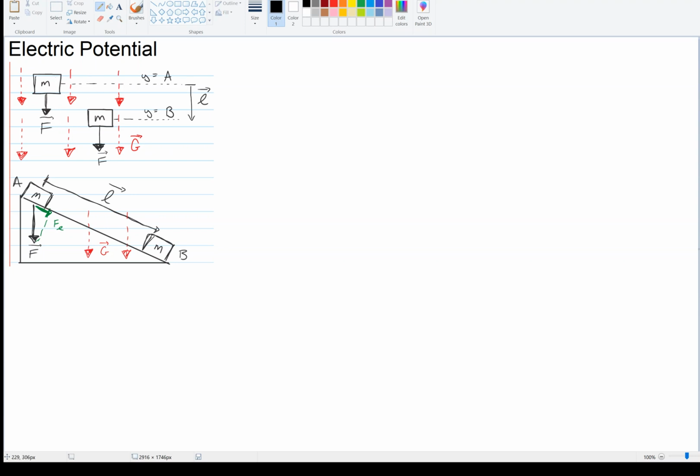It accelerates because of the force F due to the gravitational field G. So as mass m falls from height a to height b, the field G does positive work. That's going to be key here.